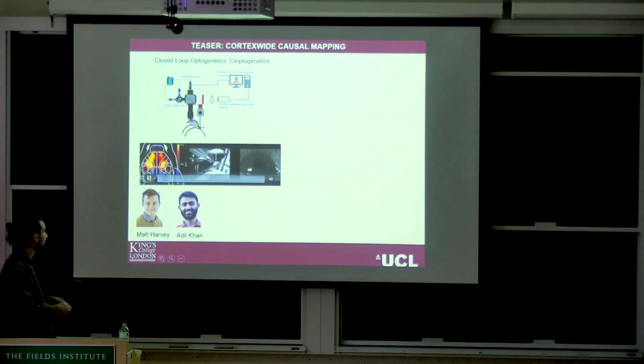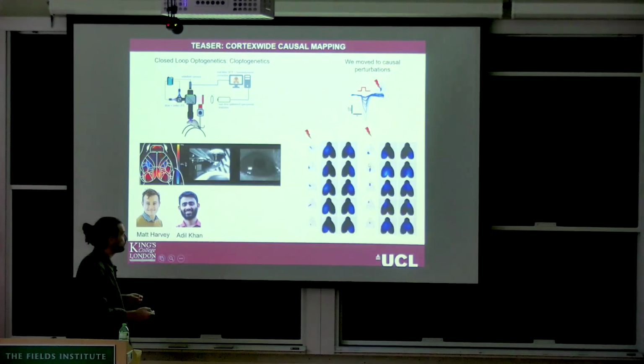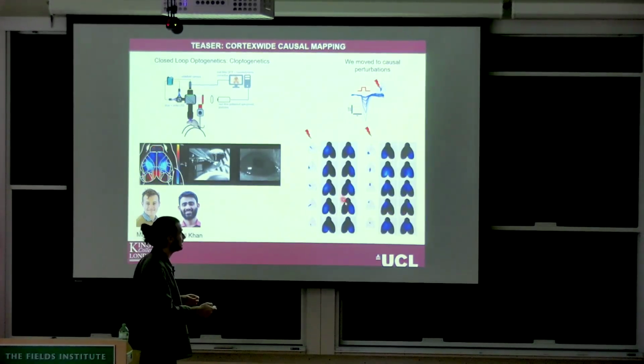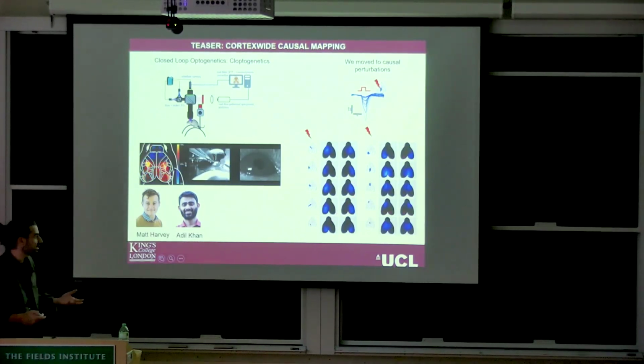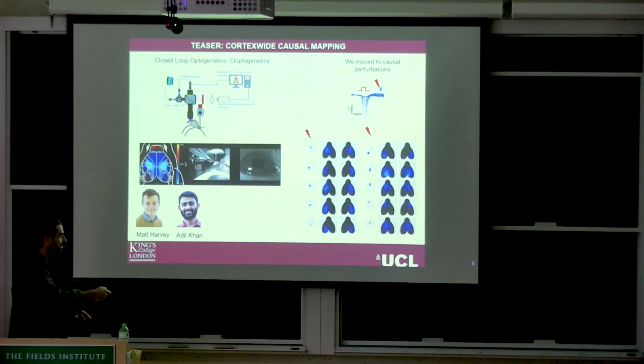We have wide field calcium imaging of mice, and we can do optogenetic inhibition and target brain areas. So you can target any of these brain areas and measure the effect of the inhibition on all the other areas. You can build a cortical mapping of what happens to all the brain when I stimulate one of these areas.